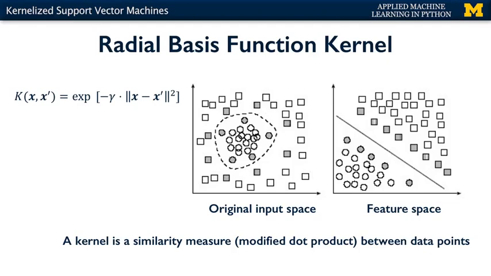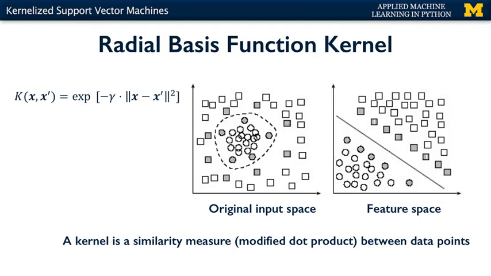On the right, the same samples are shown in the transformed feature space. Using the radial basis function kernel, in effect, transforms all the points inside a certain distance of the circle class to one area of the transformed feature space, and all the points in the square class outside a certain radius get moved to a different area of the feature space.